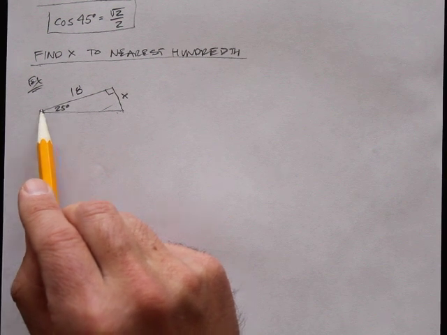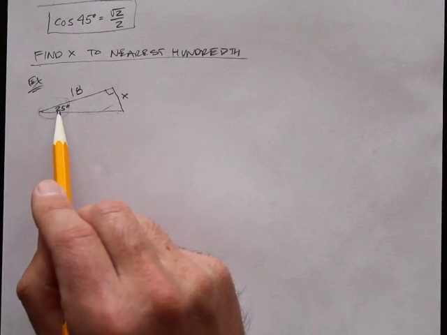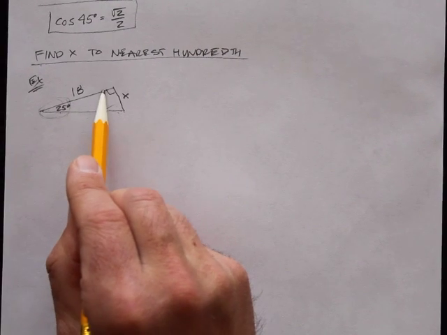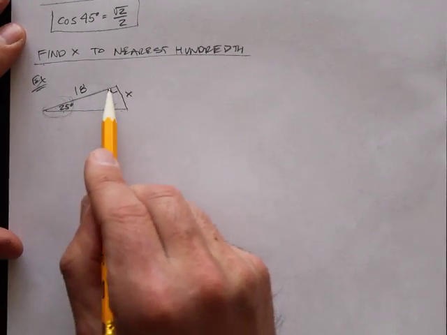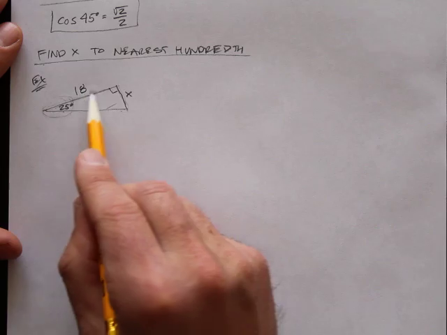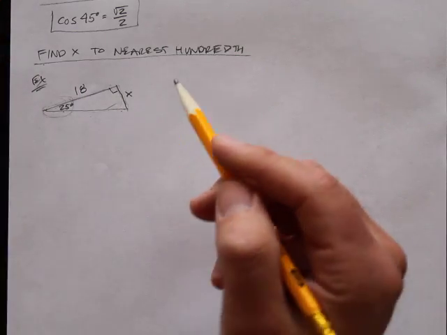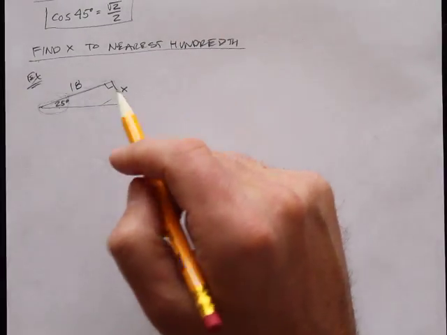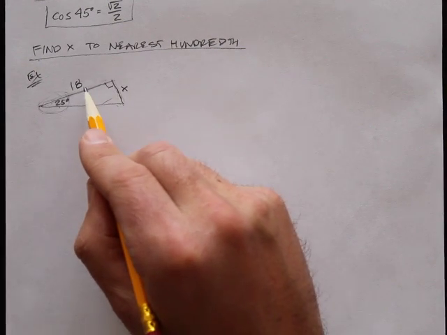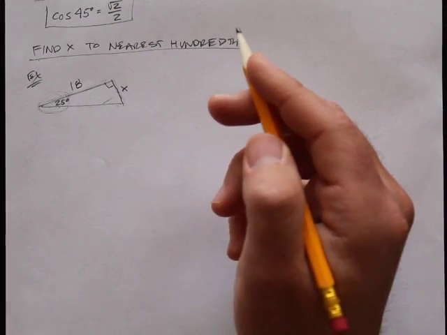What I do have, if I'm looking at 25 degrees here, is this adjacent side, and this opposite side. So I have adjacent and opposite. So now I've got to think, which trigonometric function uses opposite and adjacent? It's tangent.